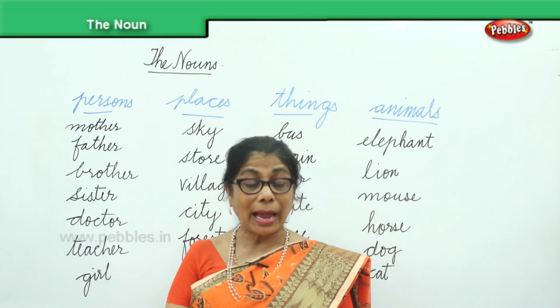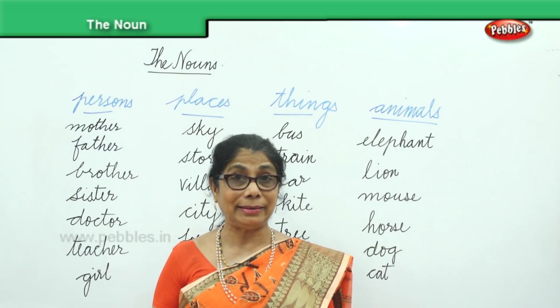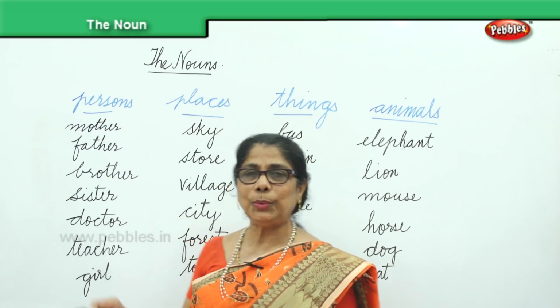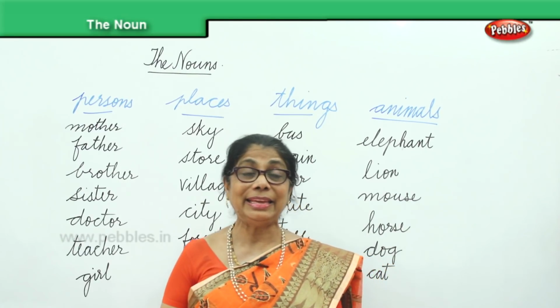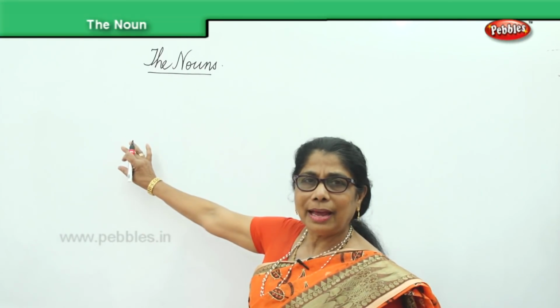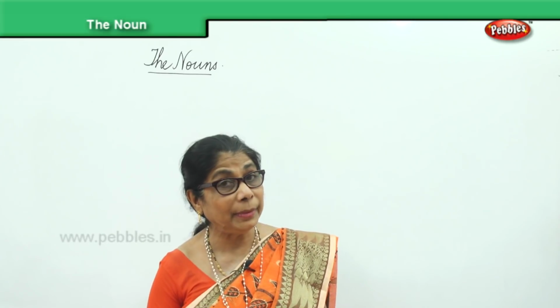Okay, now I'll give you a few sentences and you can look at the nouns that are in the sentences. So we will look at the sentence and you will help me to circle out the nouns. Now, I will write down a few sentences and you will help me circle out the nouns.